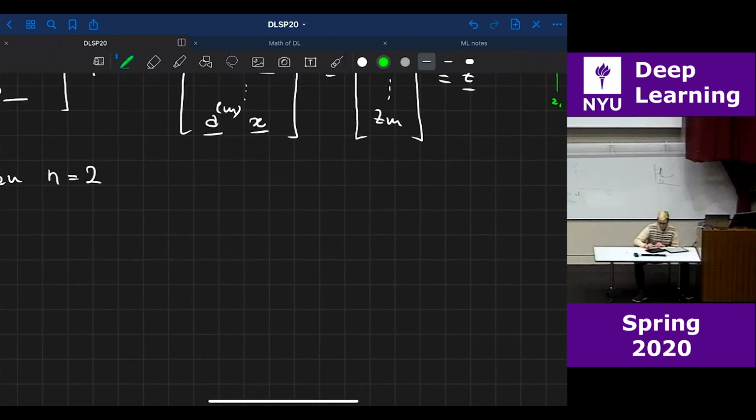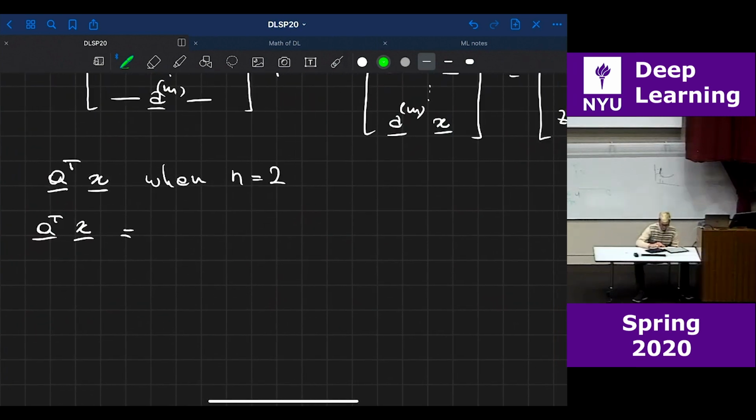So how do you express this scalar product? I'm going to write here A1 times X1 plus A2 times X2. This is the definition. Clear so far?